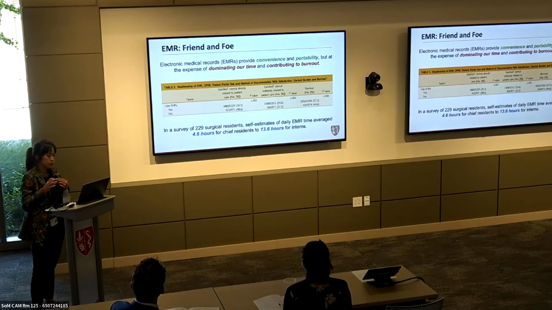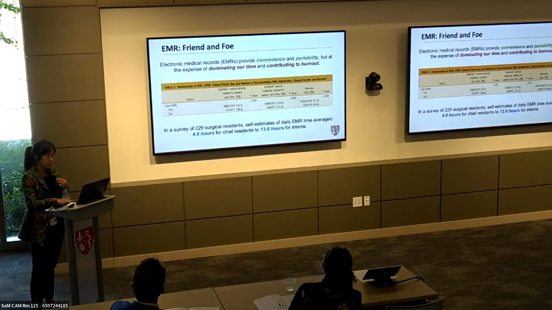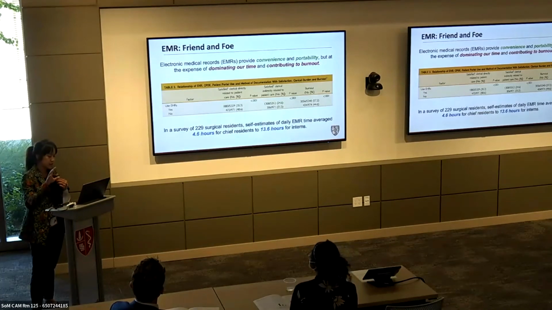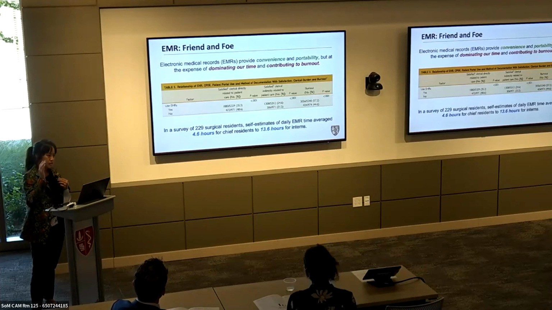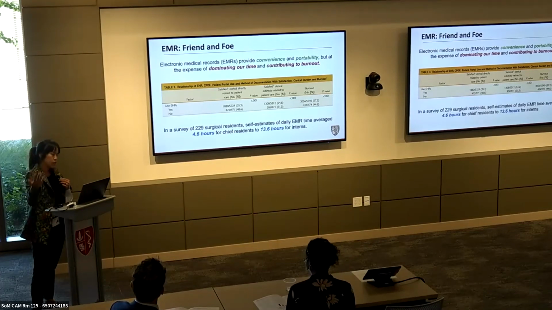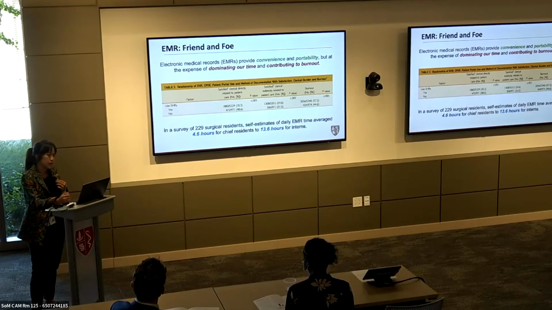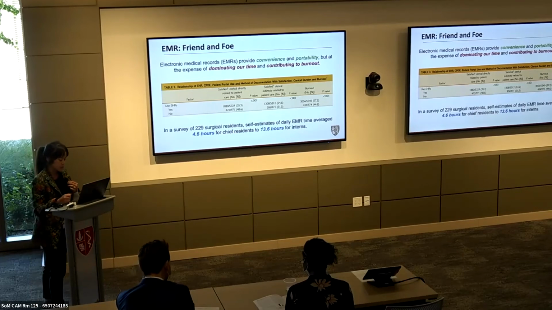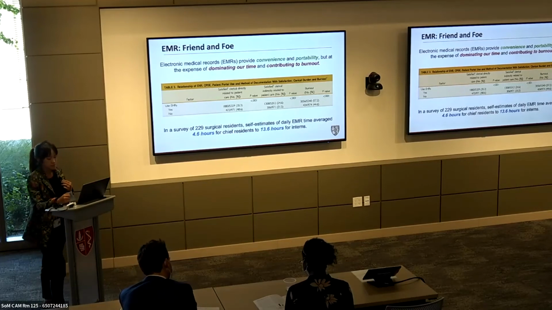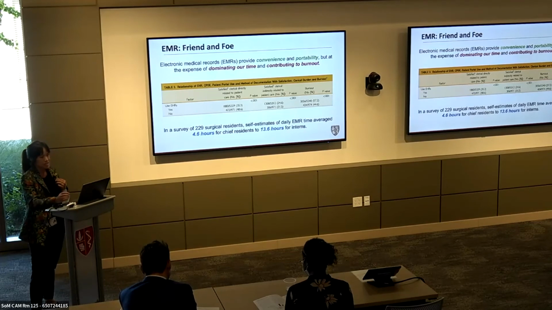So for the perspective of satisfaction amongst residents, there have been a lot of studies about adding APPs to teams to offload some of the administrative burden. But then the other thing is that I think a lot of this stuff can be automated. And I think some of the research already presented earlier today has shown how you can extract ICD codes, et cetera.